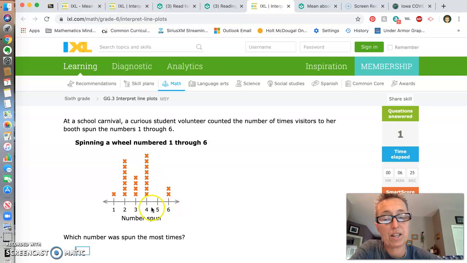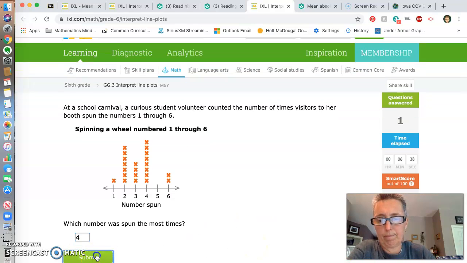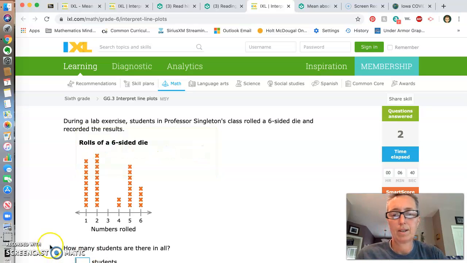It's easy to see that there were no 5s spun. So what number was spun the most times? Well, this makes it pretty easy to see that a 4 was spun the most. All right, so line plots, dot plots, essentially they are the same thing, just look a little different.